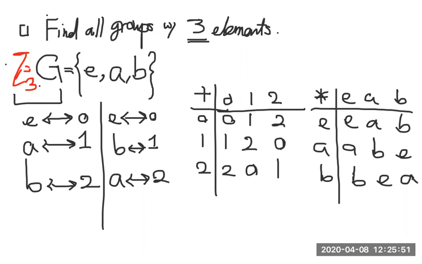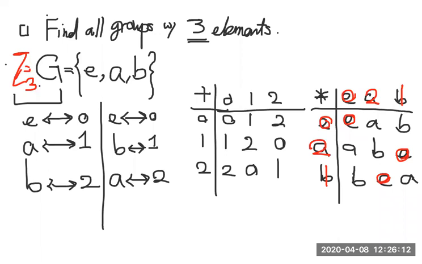Now, would it be fine if I say, well, E is 0, we know that. Would it be fine if I say A is 2 and B is 1? Wouldn't everything work the same?